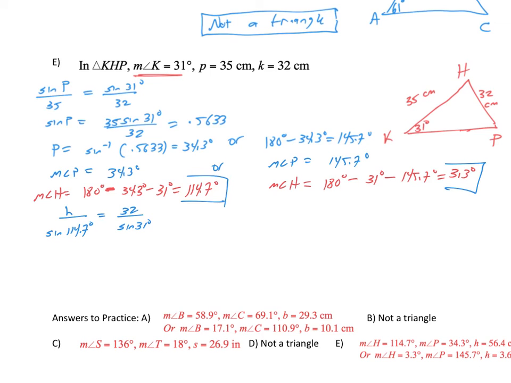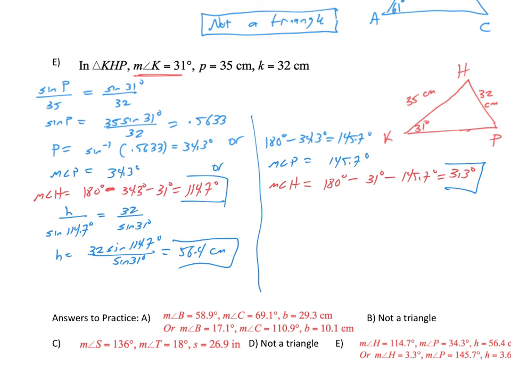And we'll multiply both sides by sine 114.7. So h is equal to 32 times sine 114.7 degrees over sine of 31. And that turns out to be 56.4 centimeters.